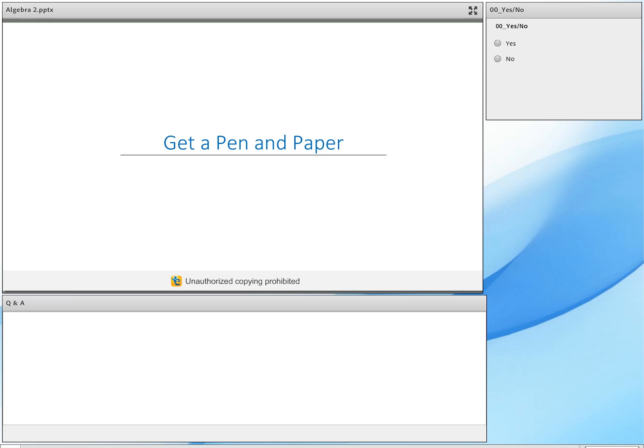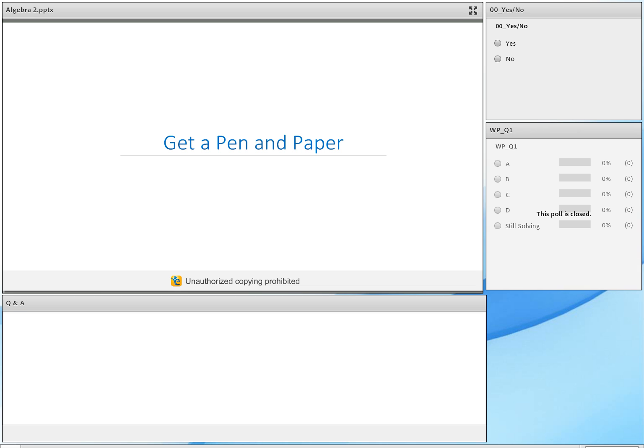Let me just set up the polls here. What I typically do in my sessions is I don't time you. I get all of you to click on still solving, and when about 50% of the class has selected one of the answer choices, I give you a 10-second or a 30-second warning depending upon the difficulty level of the question.